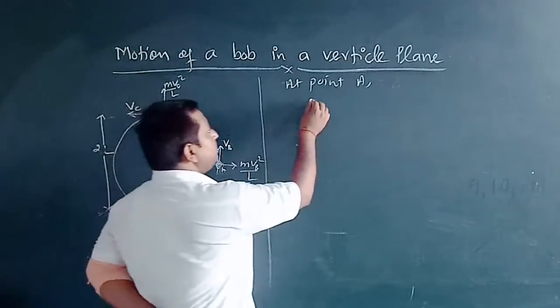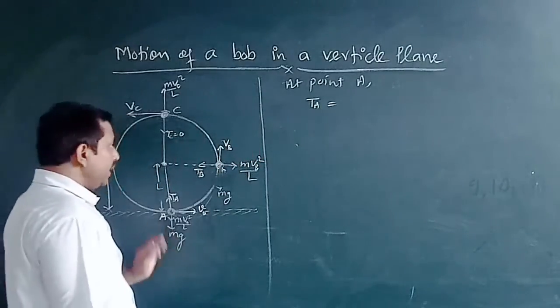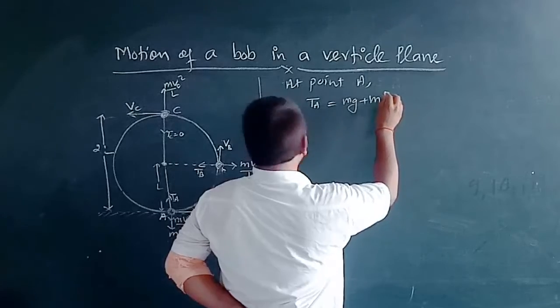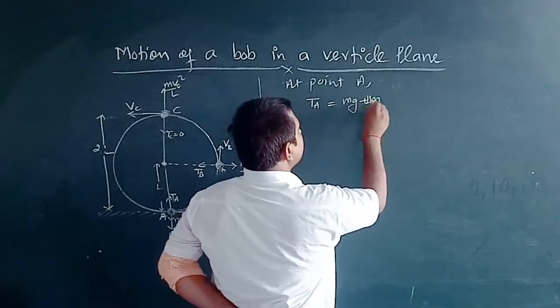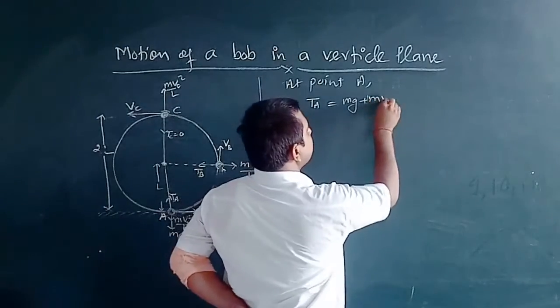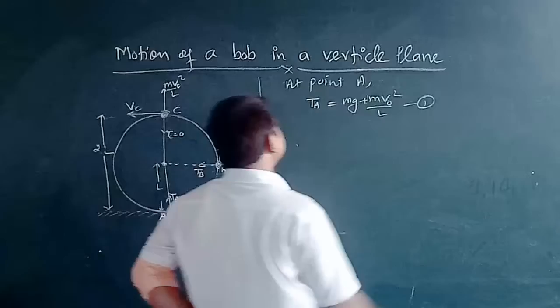So TA will balance as mg plus mv naught square by L. This is the first equation.